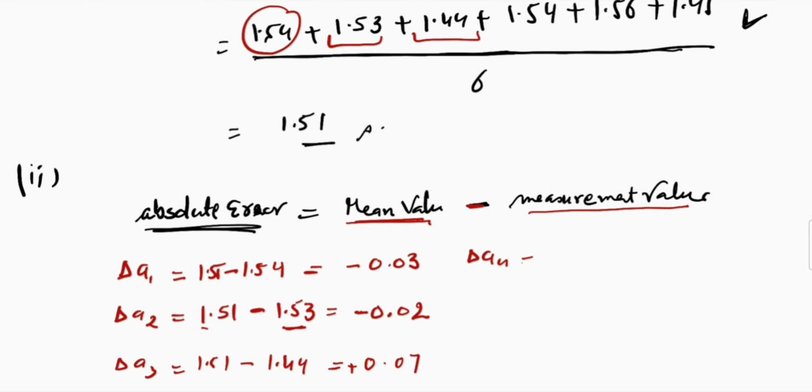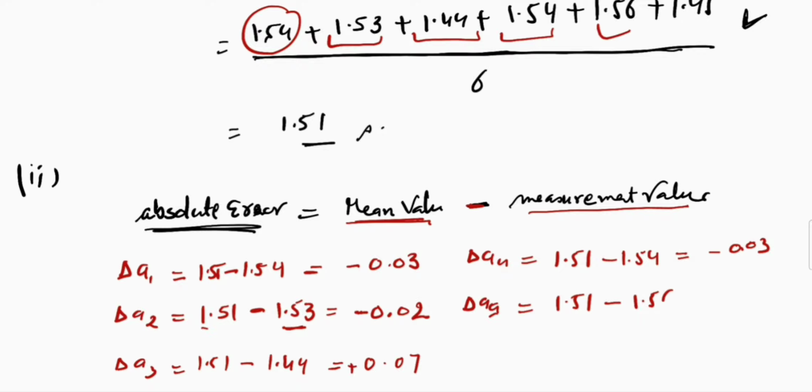Similarly, delta A4 will be equal to mean value 1.51 minus 1.54, which will be equal to minus 0.03. Similarly, delta A5 is equal to 1.51 minus 1.56, which will be equal to minus 0.05. Delta A6 is equal to 1.51 minus 1.45. If we subtract this, we'll get 0.06. So these are the absolute errors in different measurements.